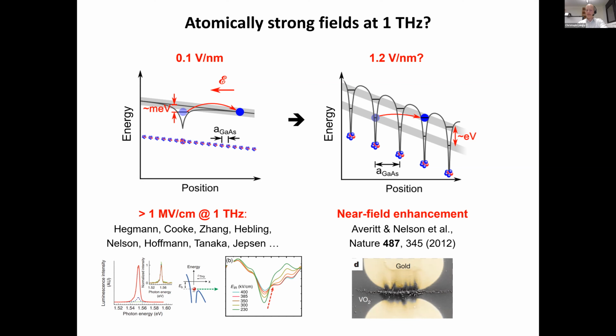Such near field enhancement has, in other cases, also been exploited, for example, for driving phase transitions in vanadium dioxide, where also the fields could reach amplitudes and strengths sufficient to even destroy the material by dielectric breakdown.